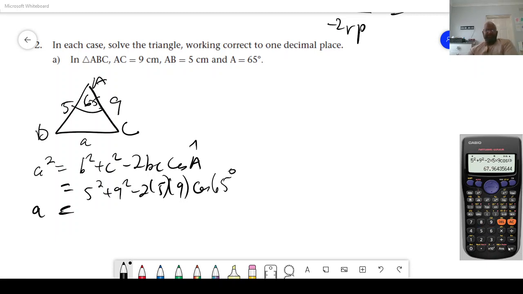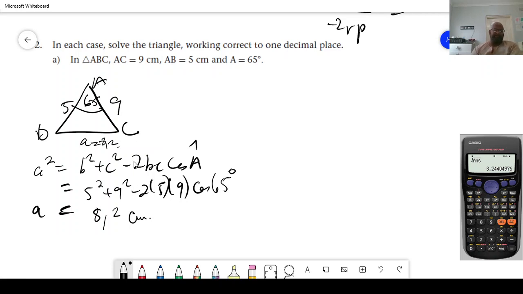So a squared is equal to 67,96. The square root thereof is going to be 8,2. So a is 8,2 centimeters. Okay.